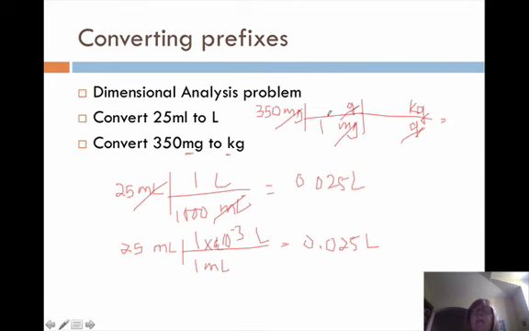A milligram is 1 times 10 to the negative third grams, and a kilogram is 1,000 grams. I can do this without a calculator: this is 3.5 times 10 to the second times 1 times 10 to the negative third, so 2 minus 3 is 3.5 times 10 to the negative 1, divided by 1 times 10 to the third, so we're subtracting our exponents. Our answer should be 3.5 times 10 to the negative fourth kilograms.